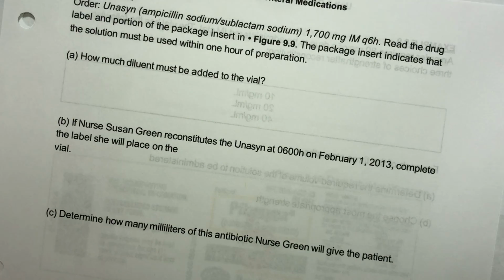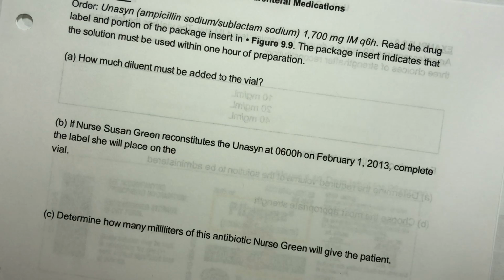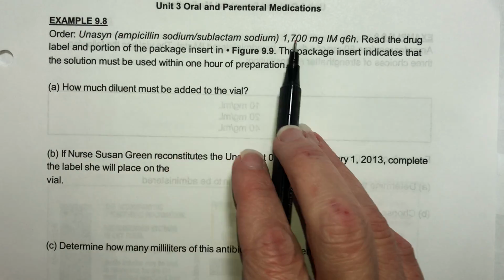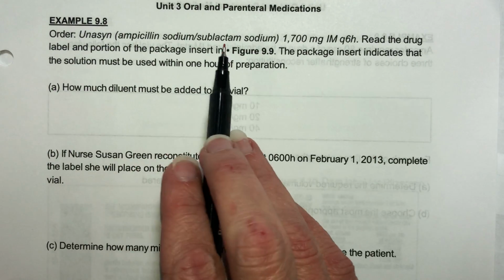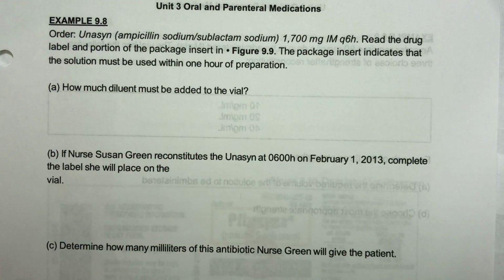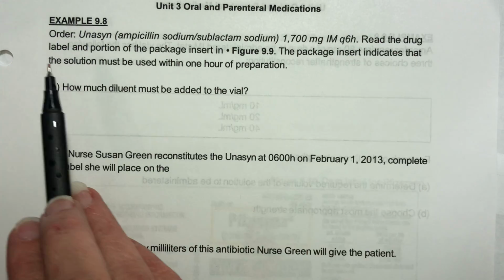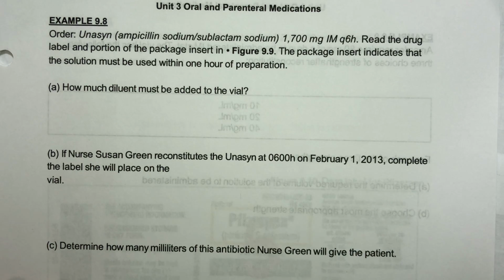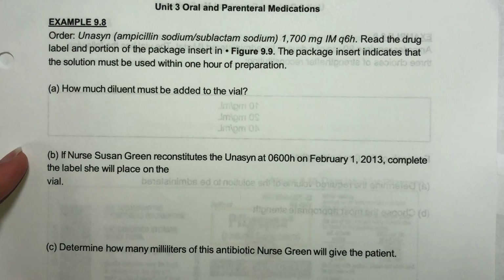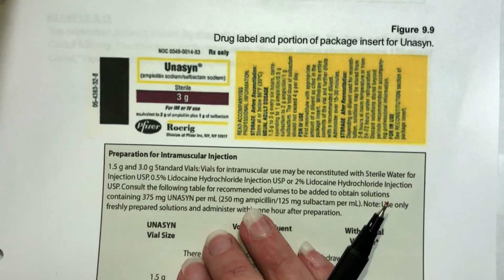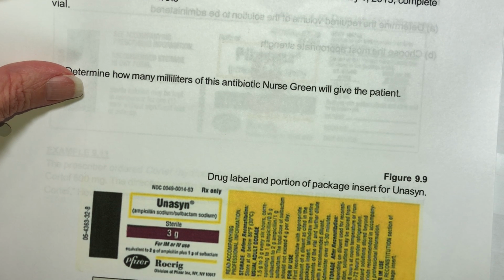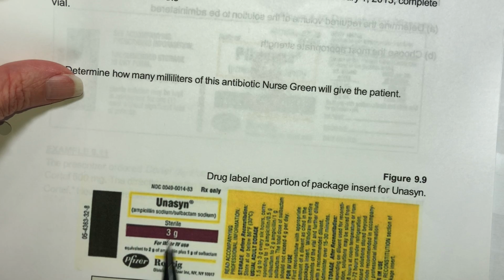Okay, so 9.8. Again, this is similar. This is our order. We know how much to give. Read the drug label and portion of the packet insert, which is down on the bottom of the page. It indicates that the solution must be used within 1 hour of preparation. So first question is how much diluent to add into the vial. This vial size is 3 grams.